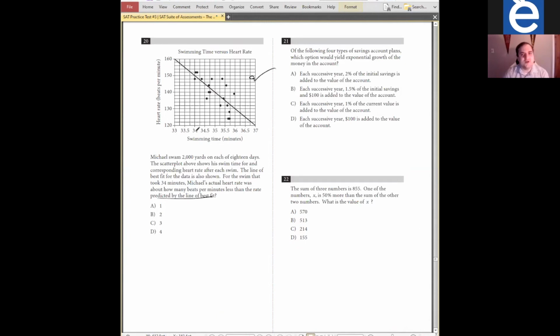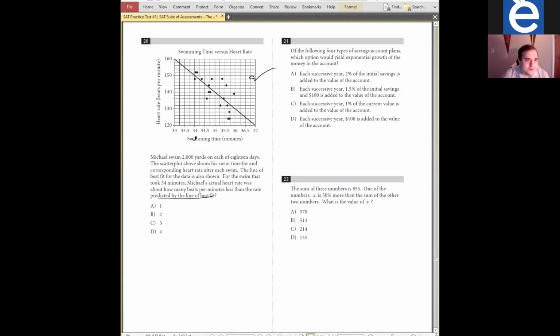So this is just one of those scatter plot problems. One thing you want to remember with these is the data points are real. The line is the prediction, right? So this is asking what is the difference between the data point and the line. For a swim that took 34 minutes, so that is this line, his actual heart rate was how many beats less than the prediction?